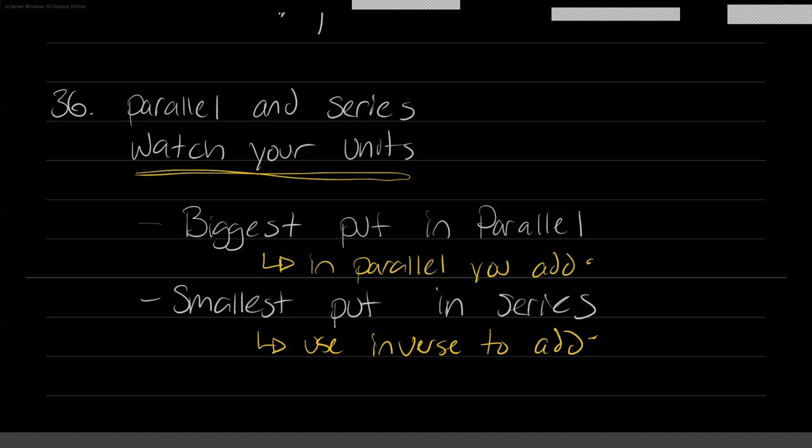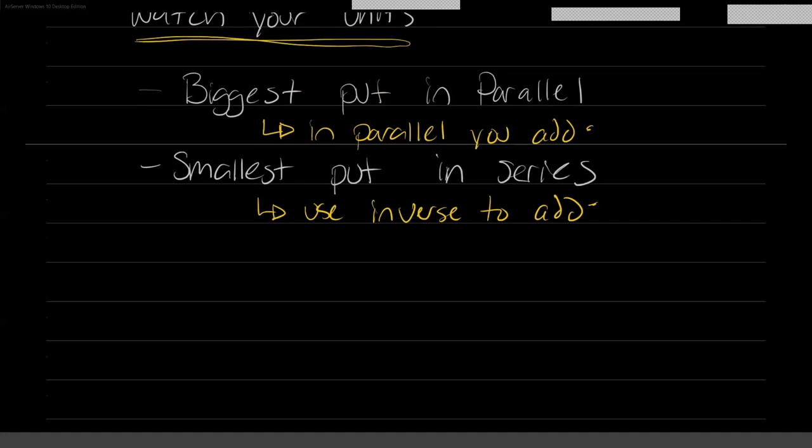Let's do 37. 3 resistors are given. Put them together and get 4 different total resistances. So how many ways can we put together 3 different resistors, right?